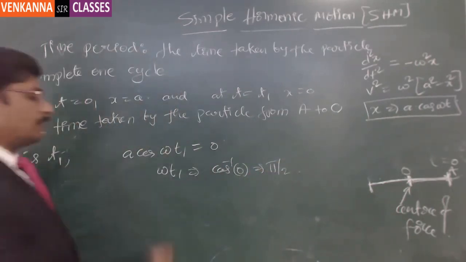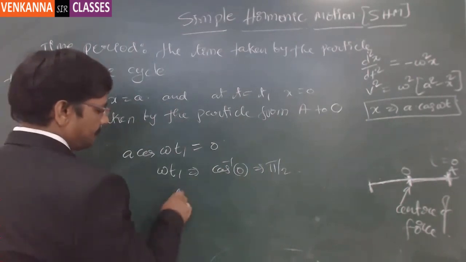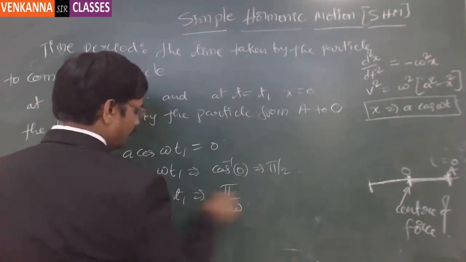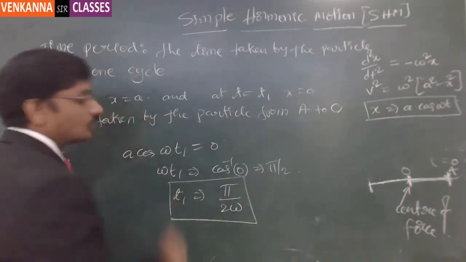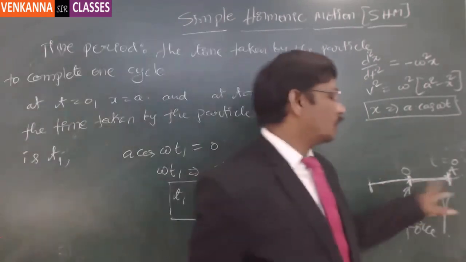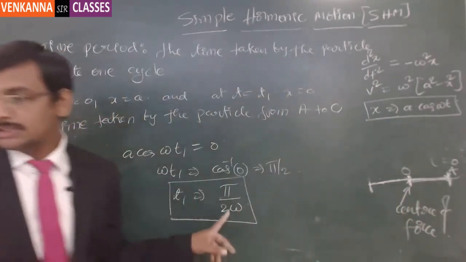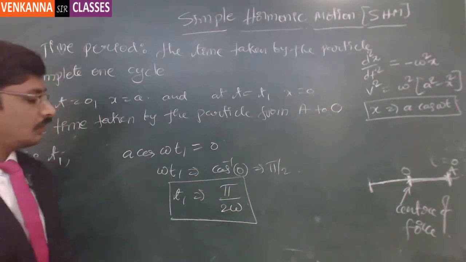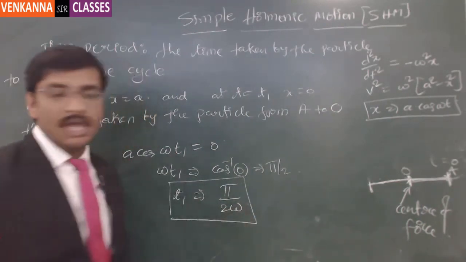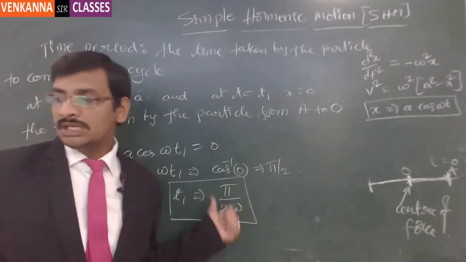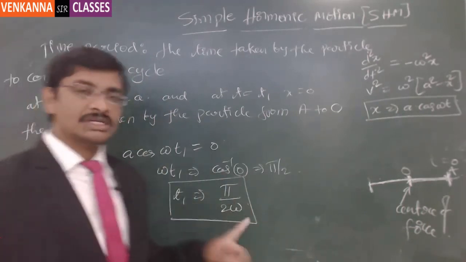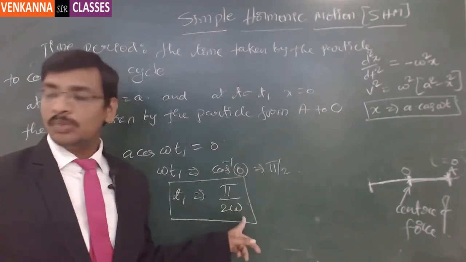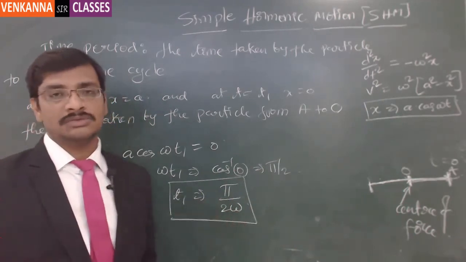So if this is pi by 2, then t1 is equal to pi by 2 omega, the time taken to come from point A to O. Now here omega is nothing but the angular frequency. Initially when we started our discussion, I said omega is a constant. Now pi is a constant, 2 is a constant, omega is a constant. That means t1 is a constant.